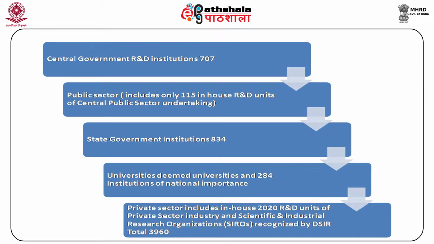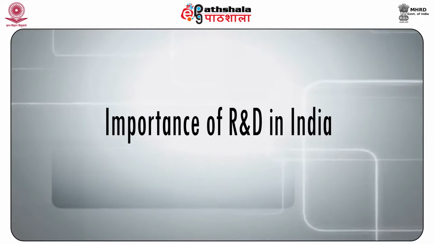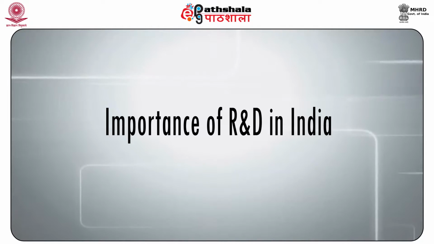Private sector includes 2020 in-house R&D units of private sector industries and scientific and industrial research organizations recognized by DSIR, totaling up to 3,960. Let us now understand the importance of R&D in India.